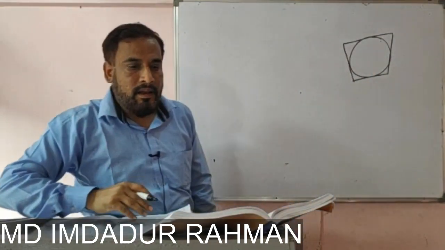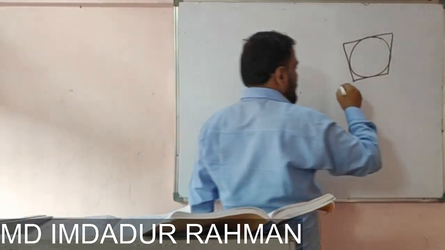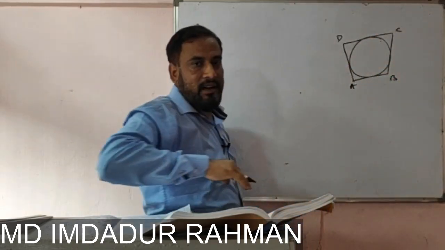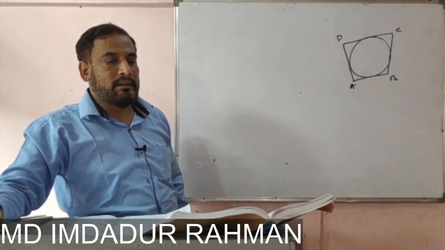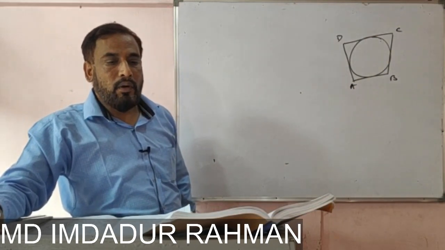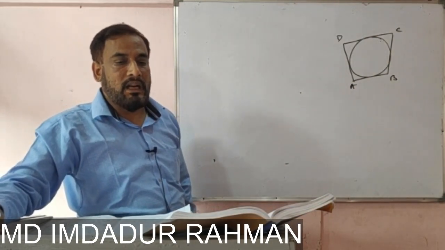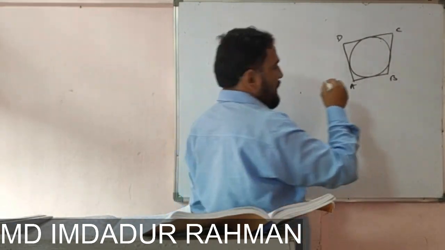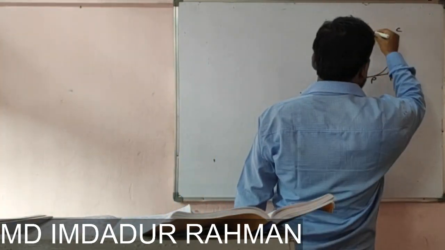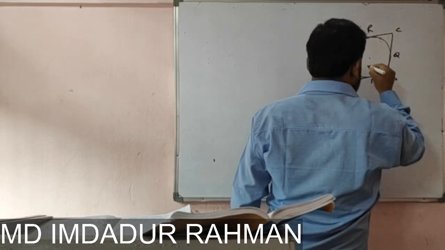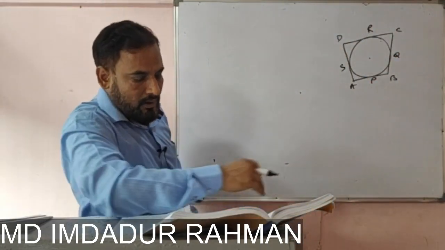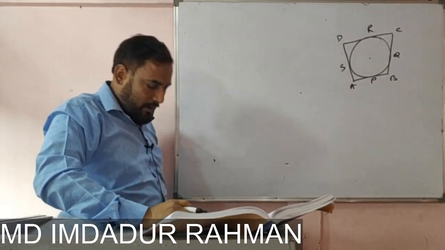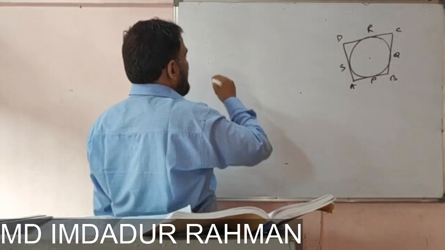Okay, so let us draw the diagram. As given in the question, ABCD is a quadrilateral drawn to circumscribe a circle, touching the circle at P, Q, R and S. So we have to show that AB plus CD is equal to AD plus BC.